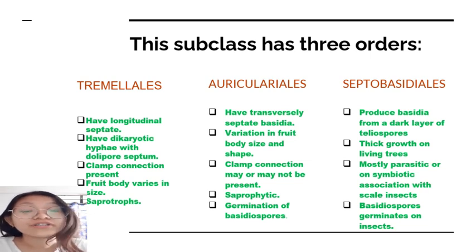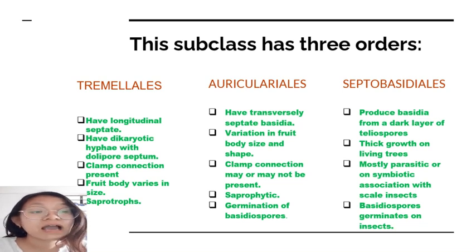For the order Auriculariales, they have a transversely septate basidium, and the fruit body varies in size and also in shape. There is a presence of clamp connections, and they are also mostly saprophytic. For the order Septobasidiales, they are mostly parasitic or have a symbiotic association with scale insects, and the basidiospores germinate directly on the insects.